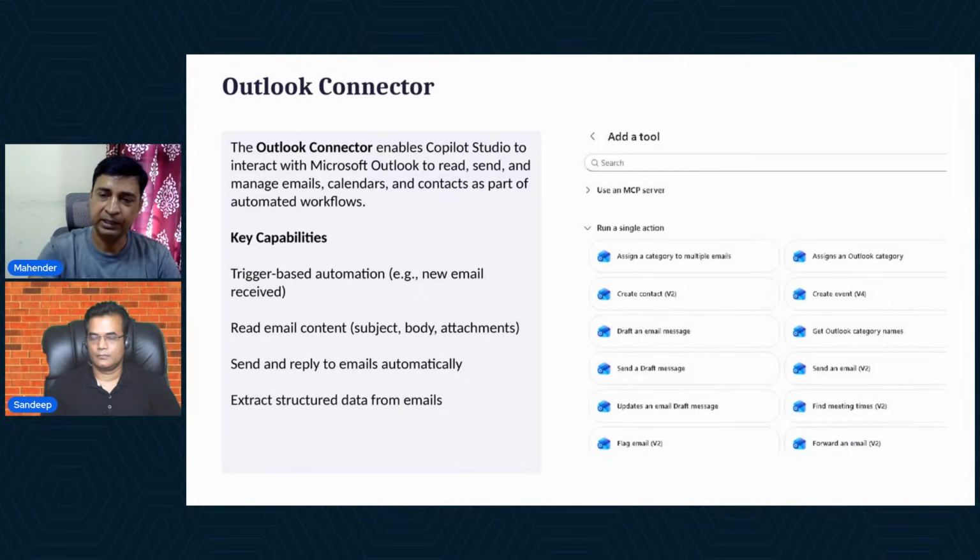So we have capabilities like running based on triggers such as email received. If you want to read the data from that email, or read the attachment from that email, those trigger actions are available in the Outlook connectors. We can of course do a simple send and reply, easily extract the data, and then take further actions based on the data.